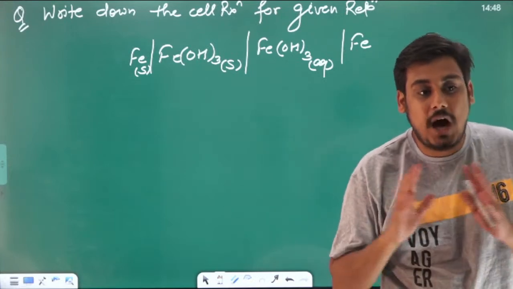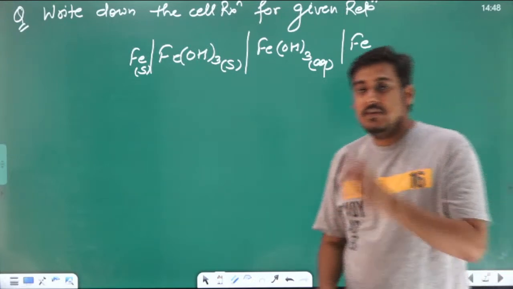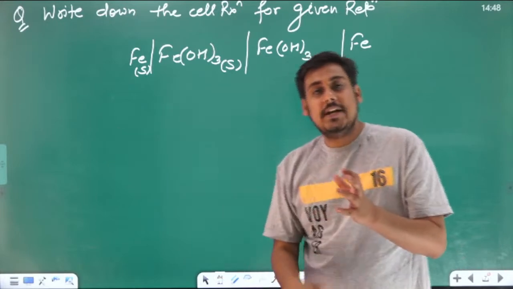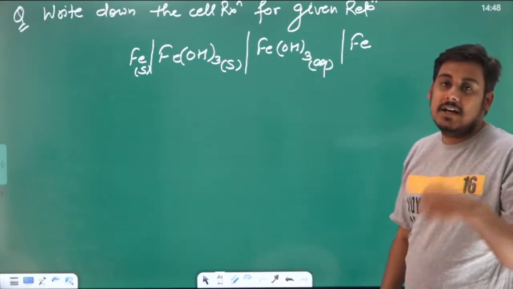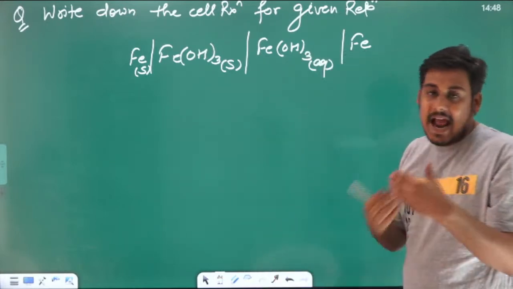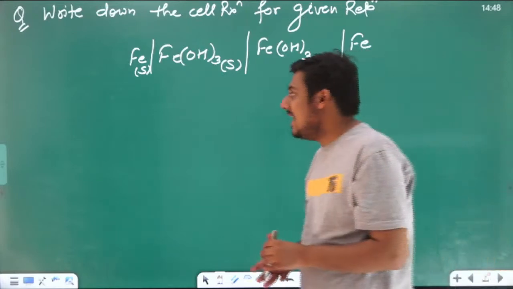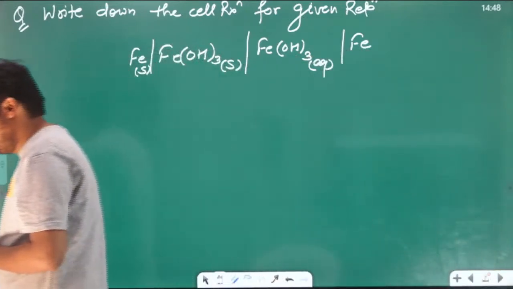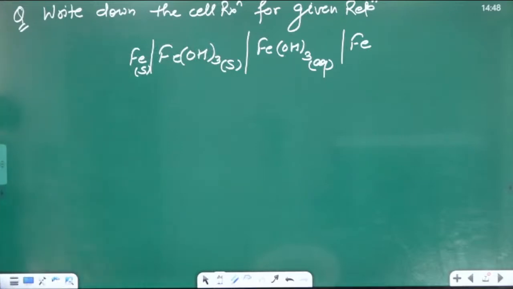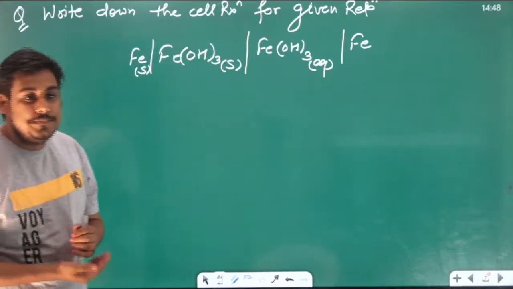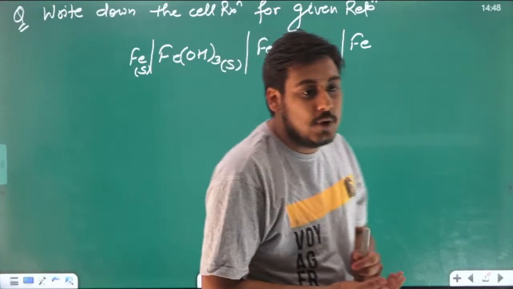You will have two halves clearly seen. The left side will be anodic, the right side will be the cathodic half. Write down the anodic and cathodic reactions, add those two reactions, and you will see the cell reaction. Just this much you have to do. Try to write down the cell reaction on your own and type it into the comment box.